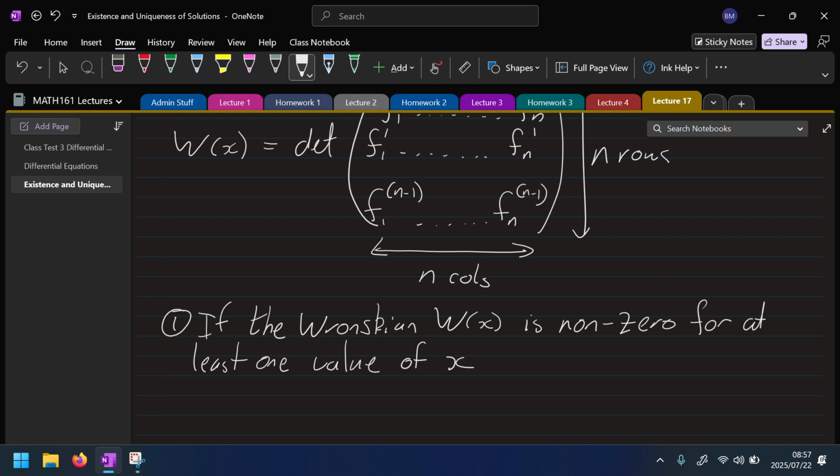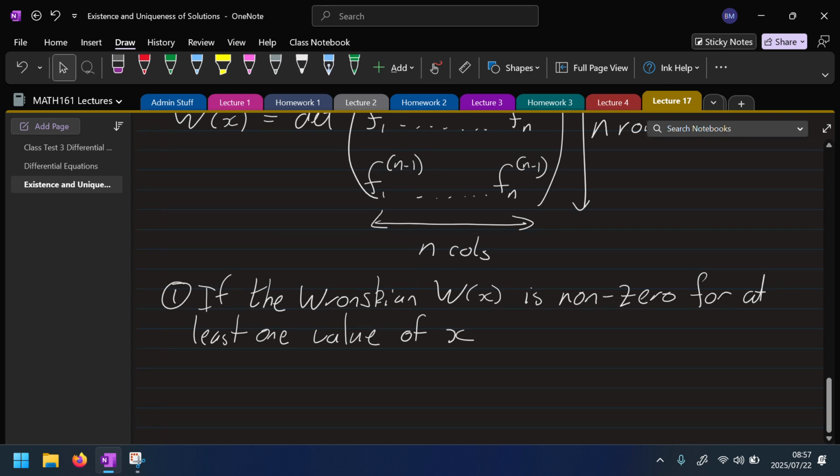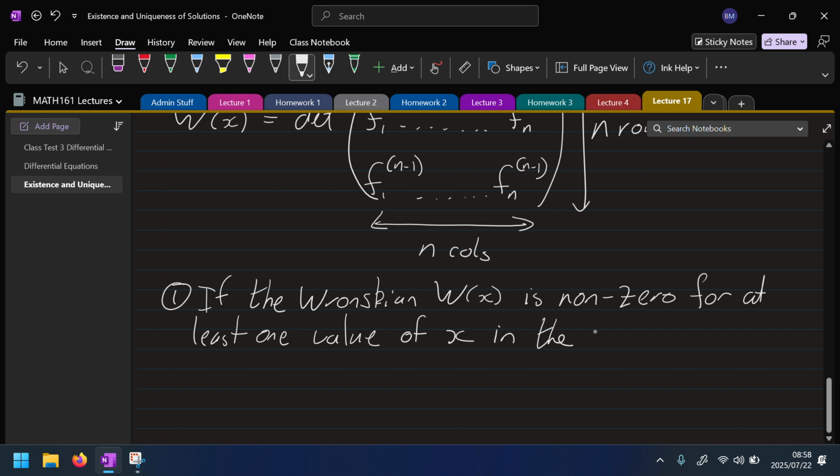So if you substitute one value of x and you get some number different from 0, then we're looking at case 1. Then the set of functions is linearly independent.